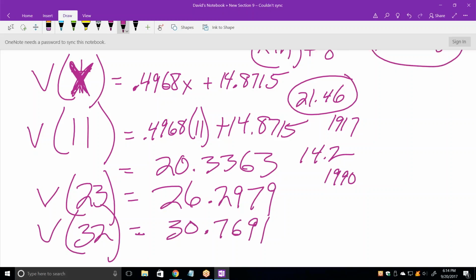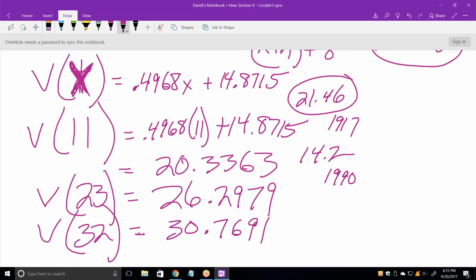Okay. It said that wasn't right. Did I do something wrong? Because that should be right. I did exactly what it said. Let me check my count. I don't have my calculator up here. Let me do it this way. 0.4968 times 11 is equal to 5.4648.